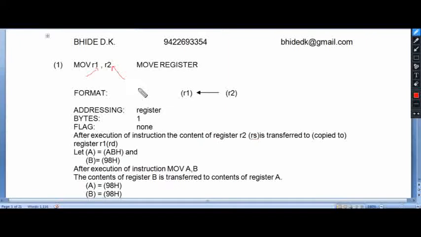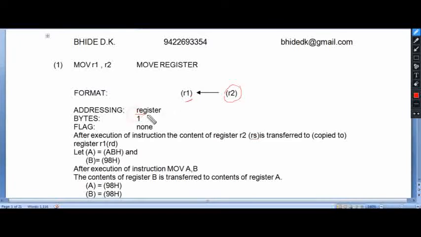It means whatever number is present in general purpose register R2 gets transferred to register R1. R2 is called the source register and R1 is called the destination register. That means the number is copied from the source to the destination register.